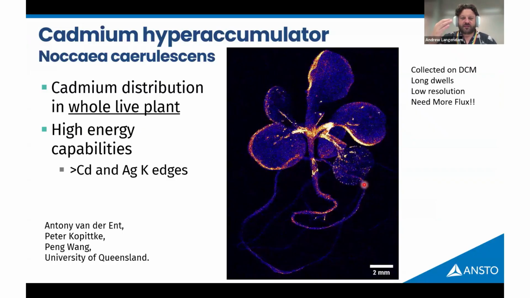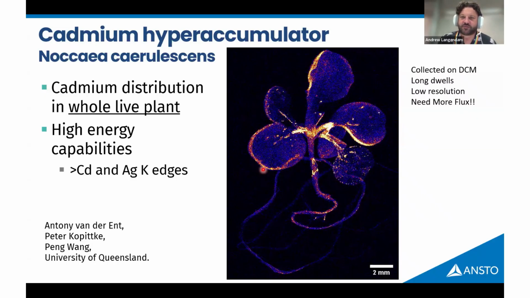And then we have historically had, before we got our DMM, this problem that we had this fall off in flux at higher energies. So if we went above about 20 kiloelectron volts above the molybdenum edge, we didn't really get a lot of flux from our optics, which meant that if we wanted to map something like cadmium in this sample, this is a plant that was grown in cadmium doped solution, we didn't really have the flux to be able to efficiently map at high resolution.